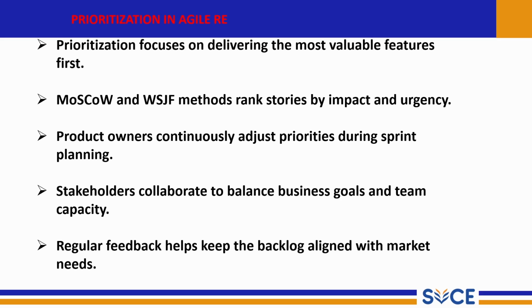The product owners continuously adjust the priorities during sprint planning. In prioritization, the stakeholders collaborate to balance the business goals and team capacity. And last, regular feedback helps keep the backlog aligned with market needs.